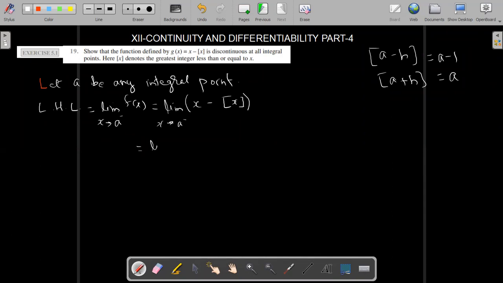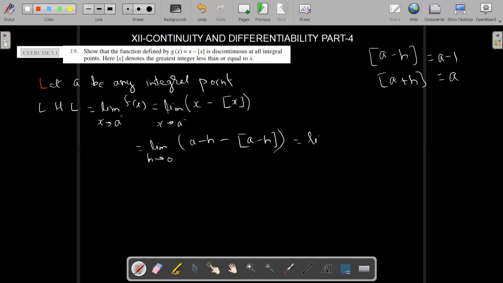Then x is replaced by a minus h. So this will become a minus h minus greatest integer of a minus h.